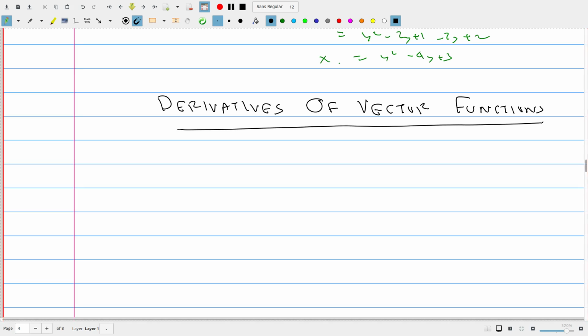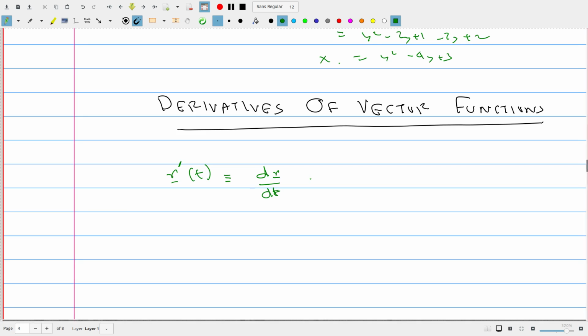How do we define a derivative first? So dr over dt. So let's say I have a vector function r(t). I want to find r prime of t, which is, of course, the same as dr over dt. So I am differentiating with respect to the single input parameter, the input variable.